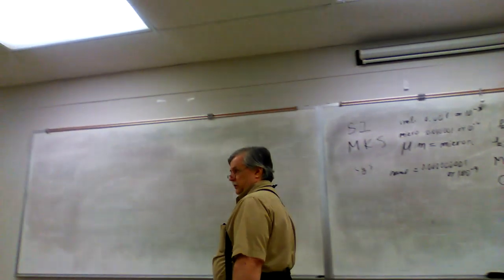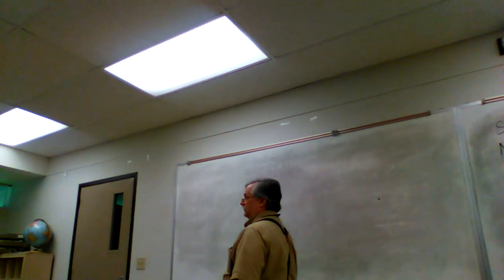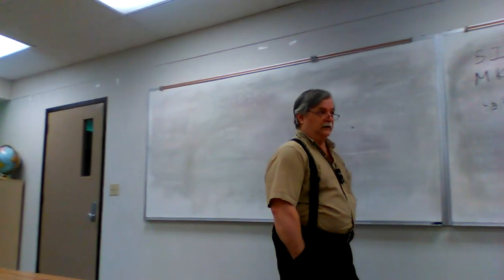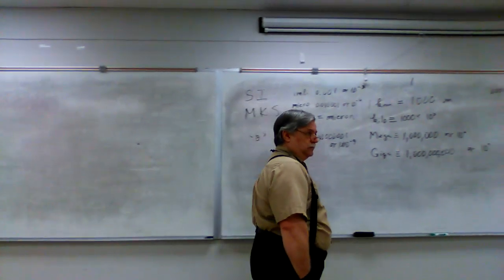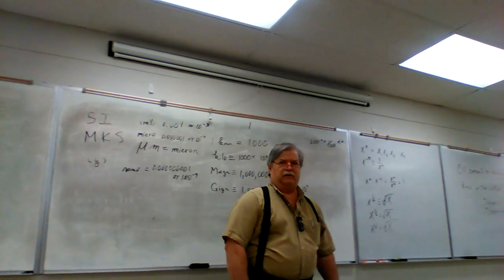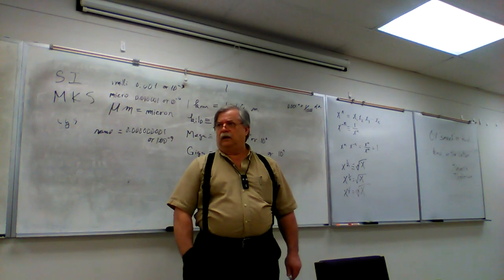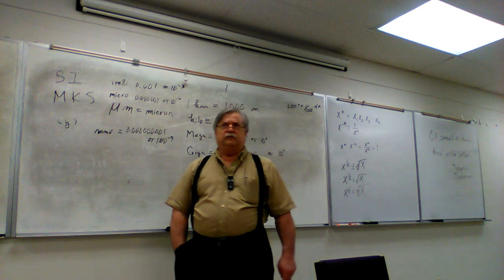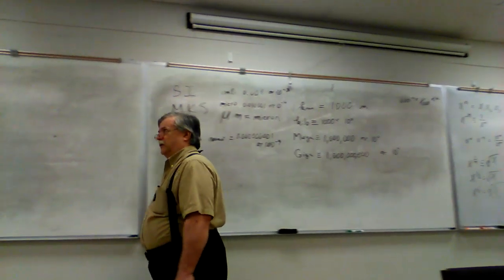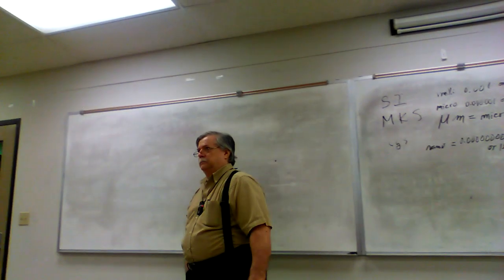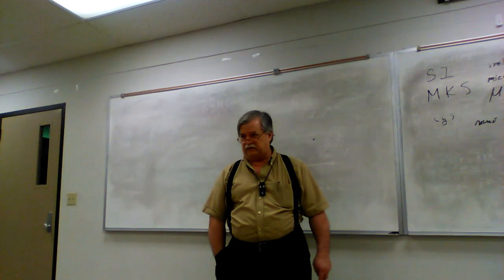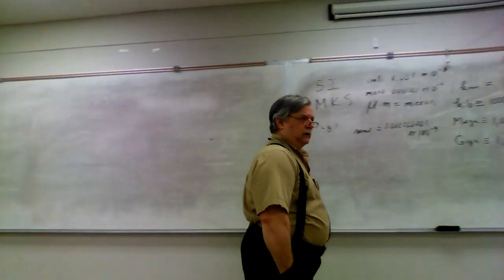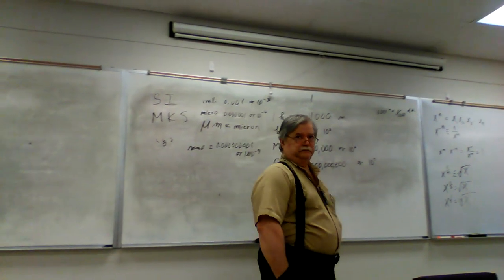Kilograms meters per second squared. That's a unit of force. We give that one the name Newton. We also have, if you have so many newtons, force times distance, so you have kilograms meters squared per second squared, you have joules.